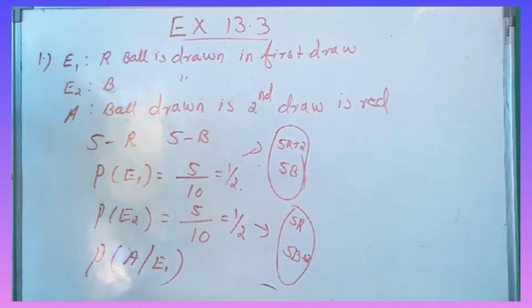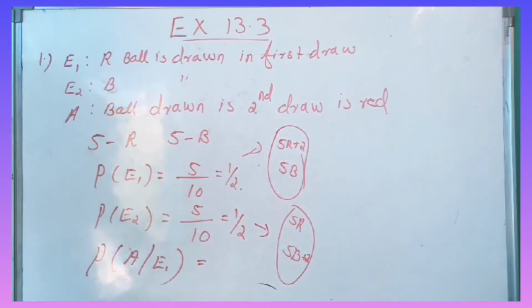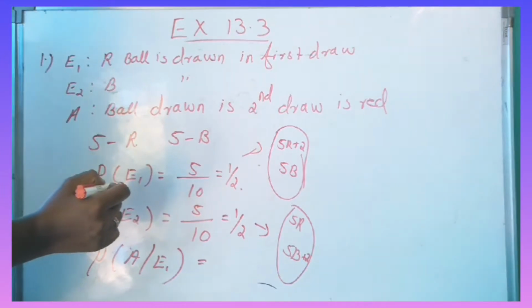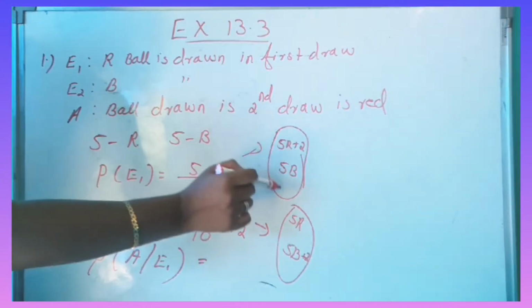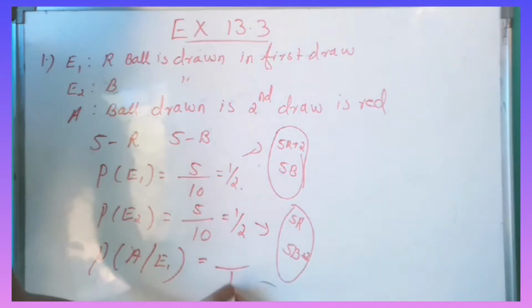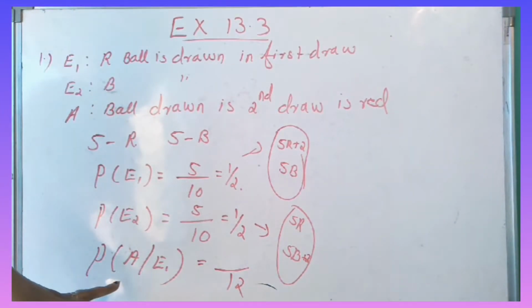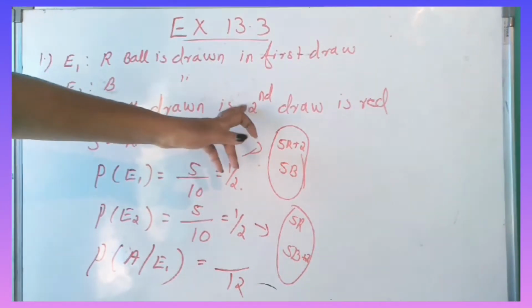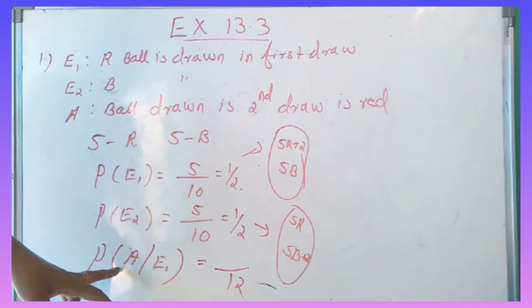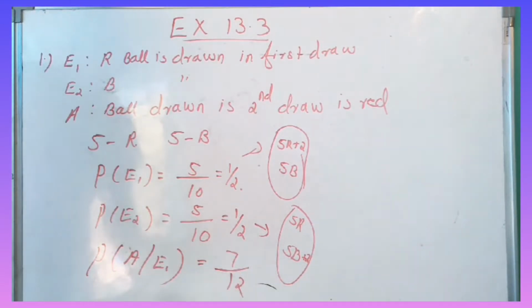Now we need to get the probability of A. If E1 has already happened, we will have 5 plus 2, 7 red balls, and 7 plus 5, 12 balls in our urn. And what we want to get here is a red ball. Now how many red balls do we have? 7. So P of A given E1 is equal to 7 by 12. Right?